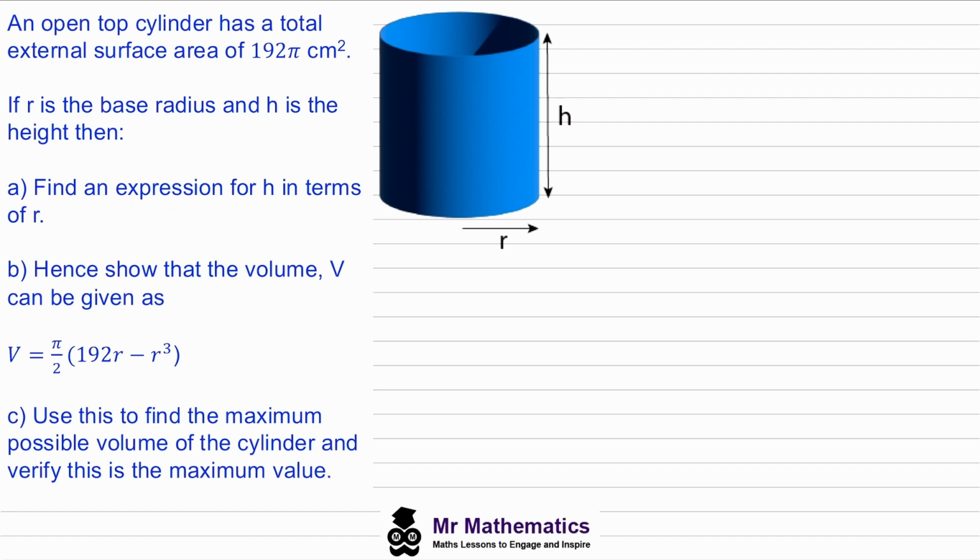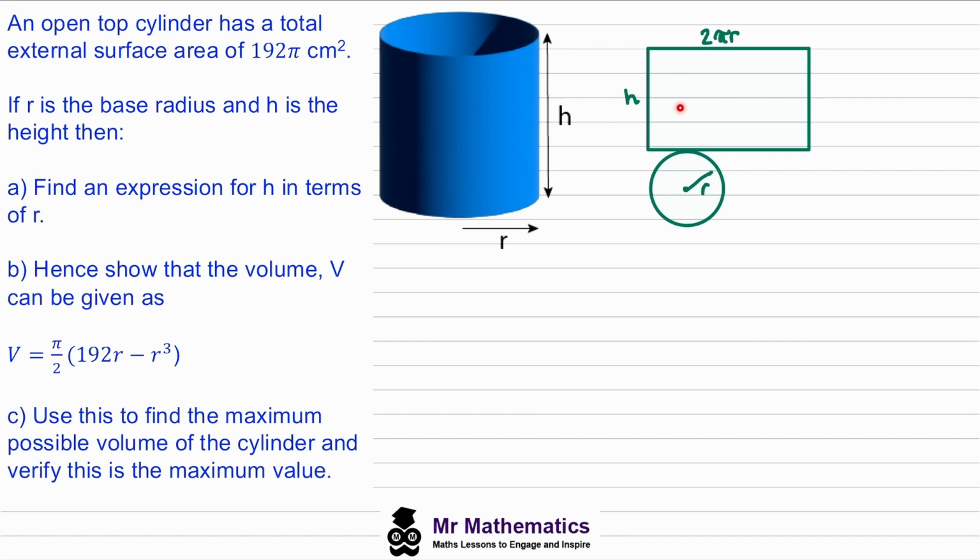So if we create the net of this open cylinder, this rectangle would be the curved surface area and this circle would be the base of the cylinder. We know this length would be the circumference of the circle, so 2 pi r, and this would be the height of the cylinder, so h, and the base would have a radius of r.